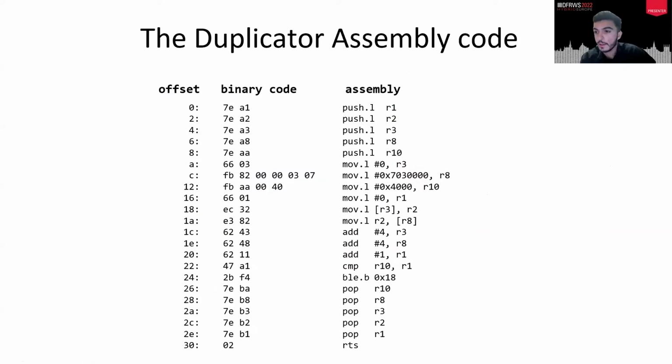It's the RX logic assembly code, which is what the PLC interprets as assembly language. The first few lines are just to save the stack, and this is the starting address of the free space and the number of bytes we want to copy from the free space to the free space.